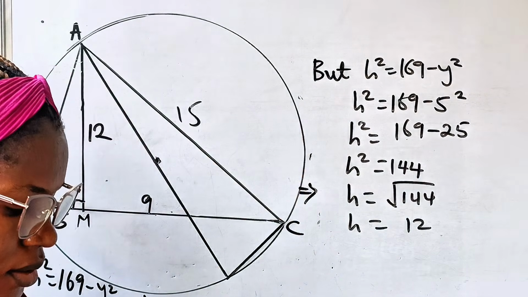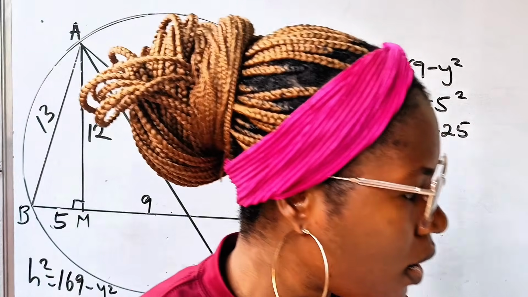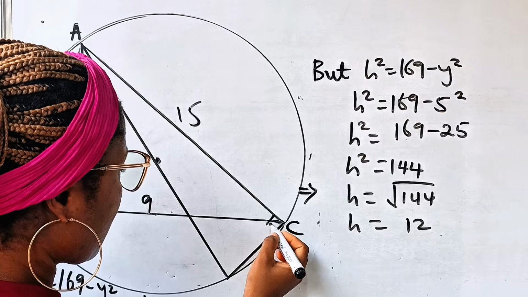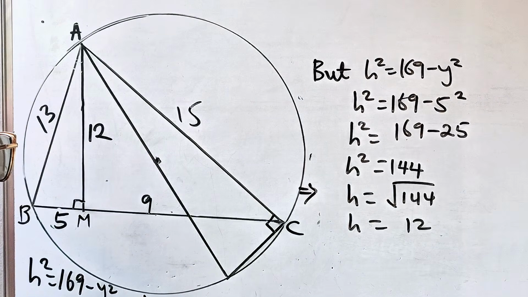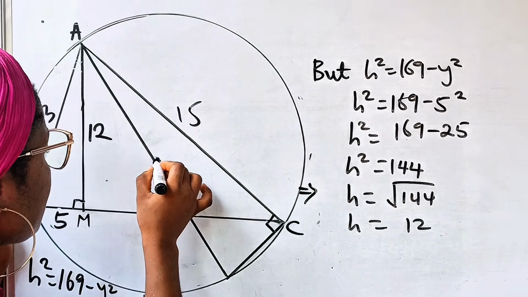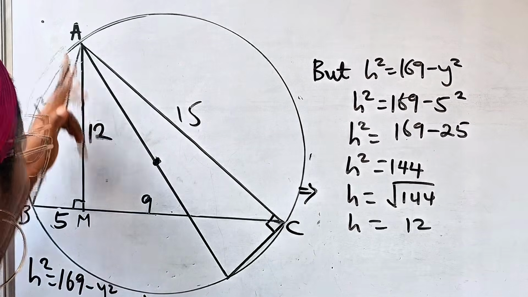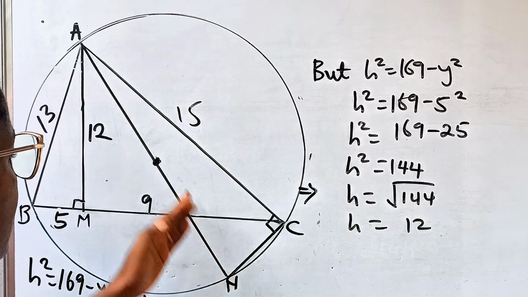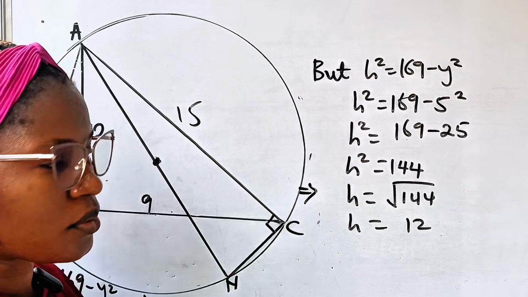Okay, now at C we have 90 degrees here. Now why did I say that? Remember that this is the center of this circle. Therefore AN, let's call this N, AN is the diameter of this circle.